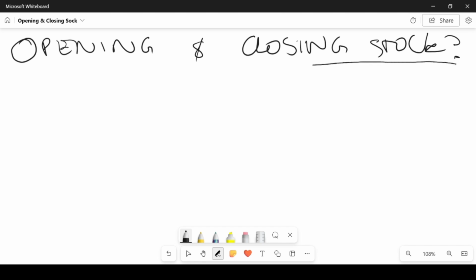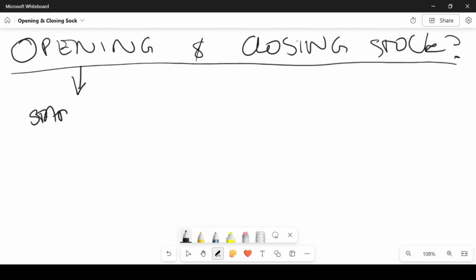So let's start with opening stock. Opening stock is simply the amount of stock you have at the very start of a period. A period could mean a week, a month, or even the whole season. That depends on what level exactly you're planning at in particular.